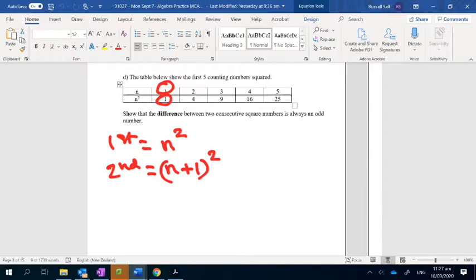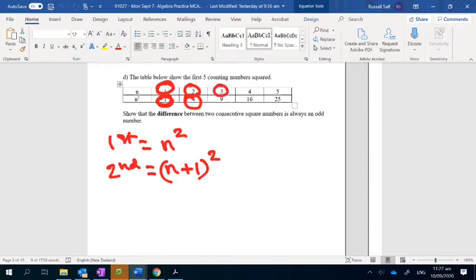The first number is just: take the number and square it. So the first number is 1, and you square 1 to get 1, right? If you add 1 to 1, you get 2. Square that, and you get 4.